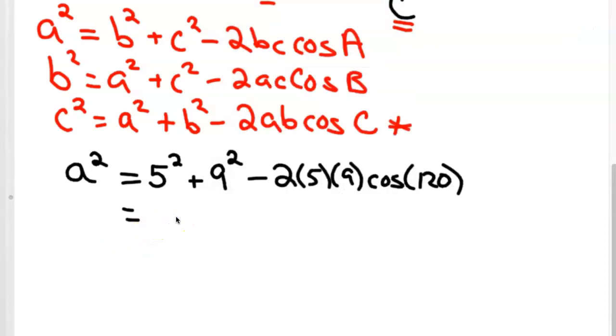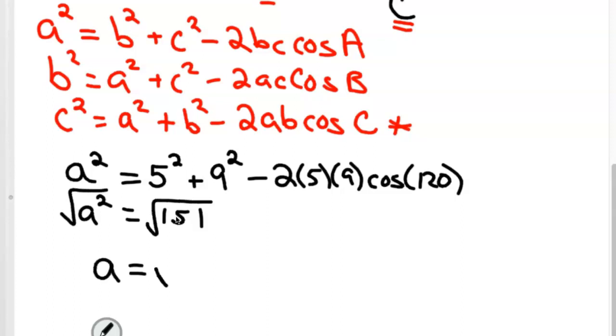So we know a squared equals 151. Well, just like Pythagorean theorem or solving for a squared term, we would square root both sides. And so a is the square root of 151, and we're only concerned with the positive.